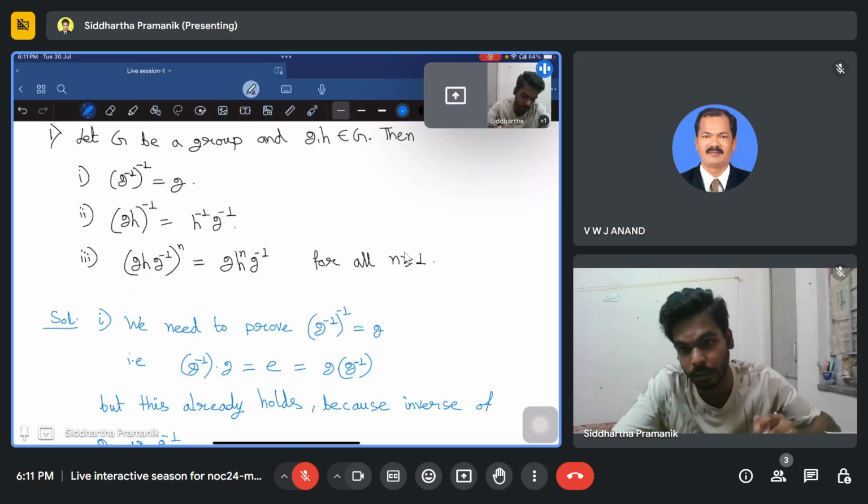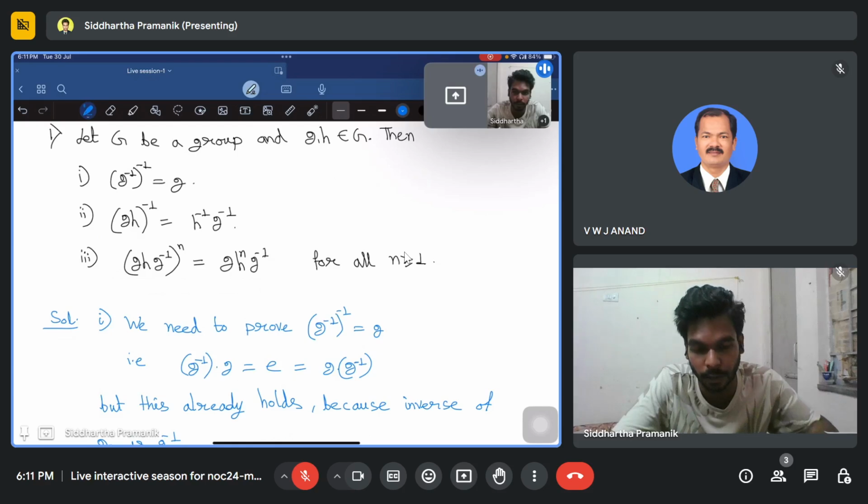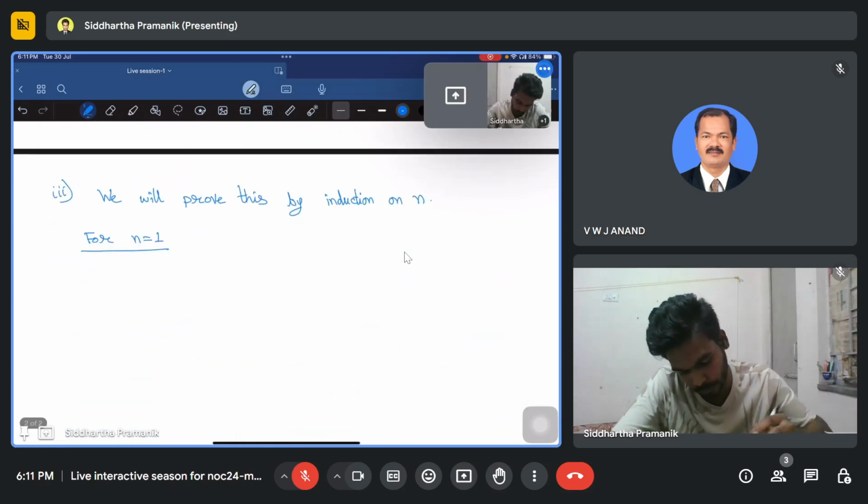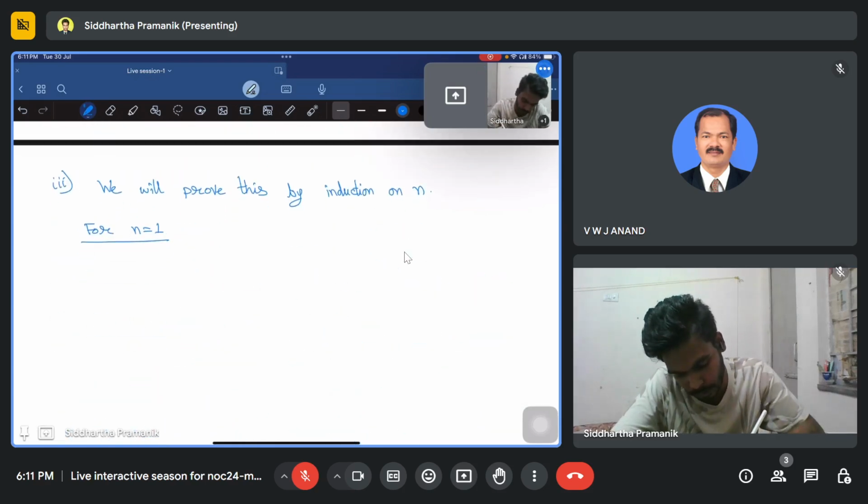So for n equals 1, we have nothing to show. It is just LHS equals RHS.